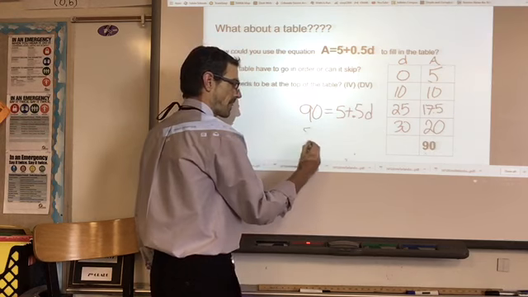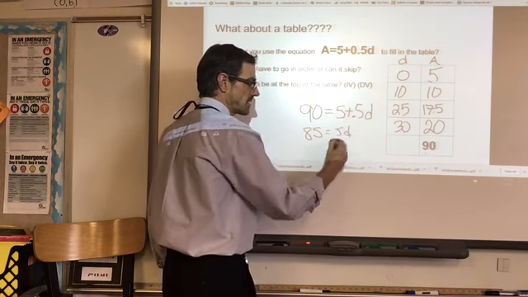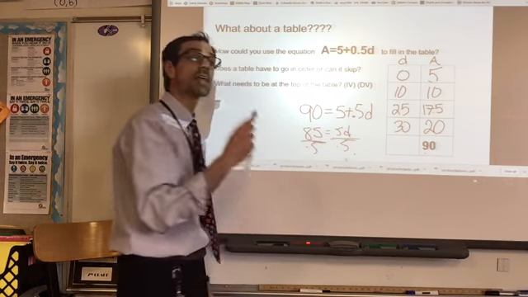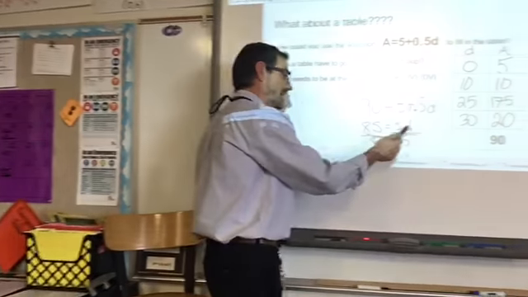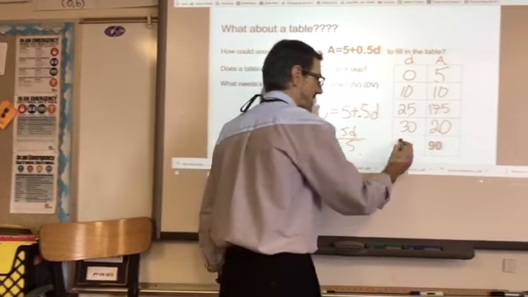Subtract 5, I get 85 equals 0.5D. Divide by 0.5. Dividing by 0.5 is like multiplying by 2. So my D equals 170.